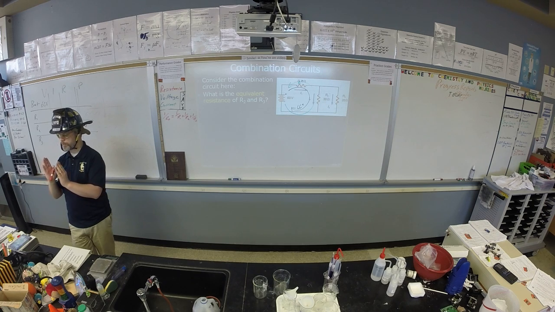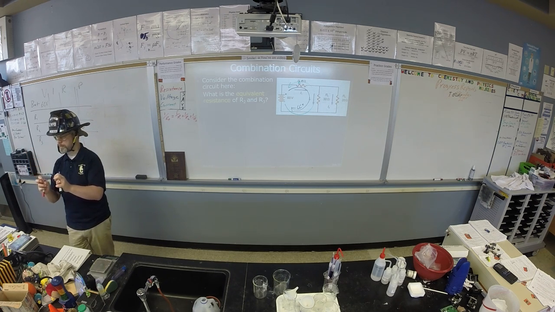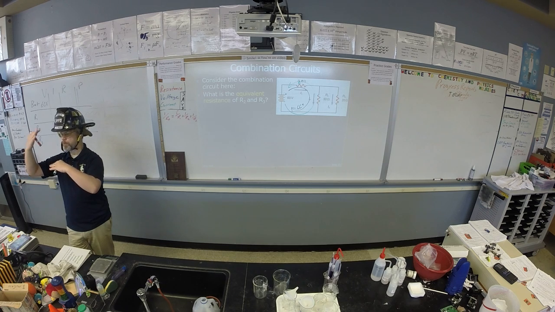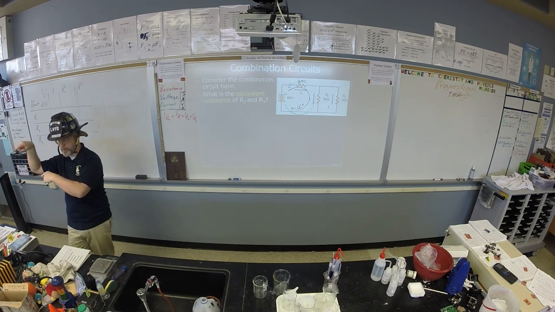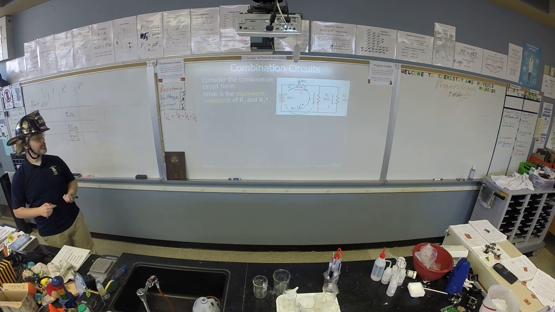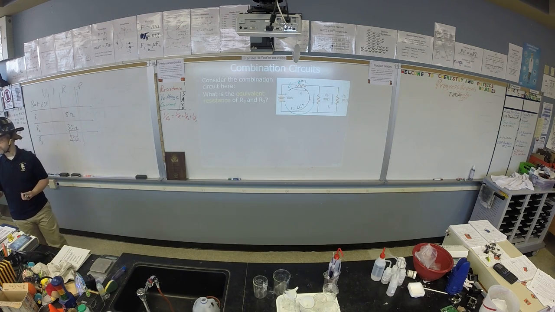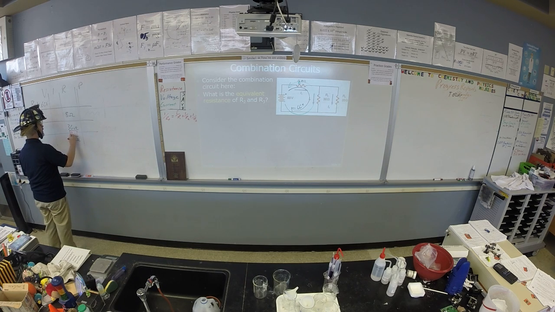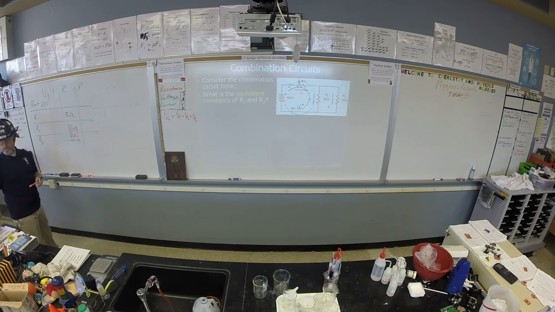So if you compress a 20 and 30, the two together would have an equivalent resistance of 1 over 20 plus 1 over 30. Does that make sense? That number is simple. So what did you get for the equivalent resistance for that section? 12. So the virtual resistor, the equivalent of 30 and 20, gives you a 12 ohm resistor.